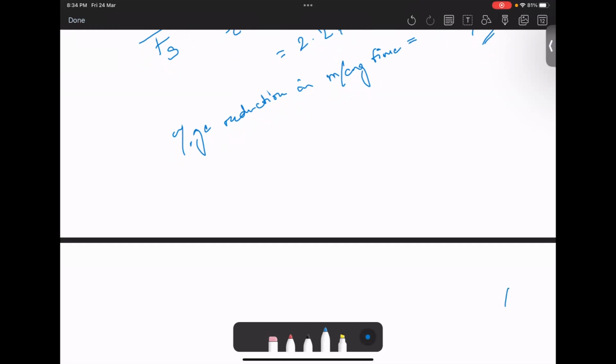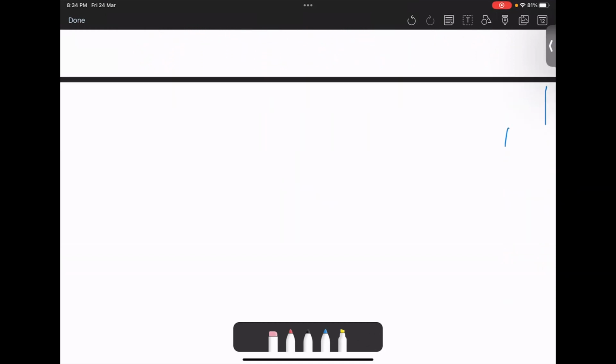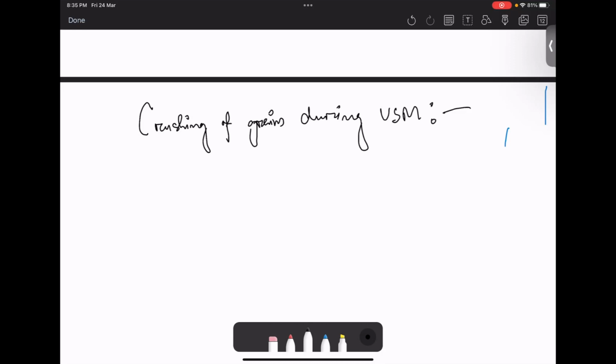So let's talk about something called the effect of, or you can say the crushing of grains during ultrasonic machining.